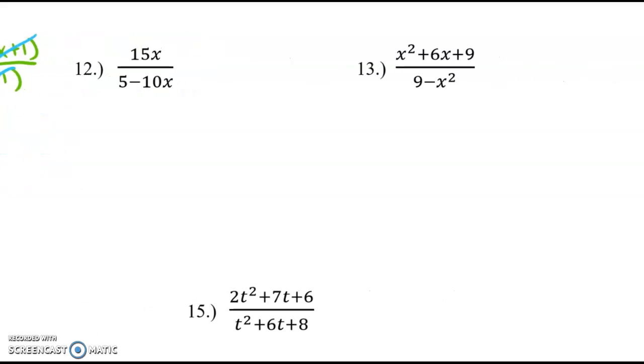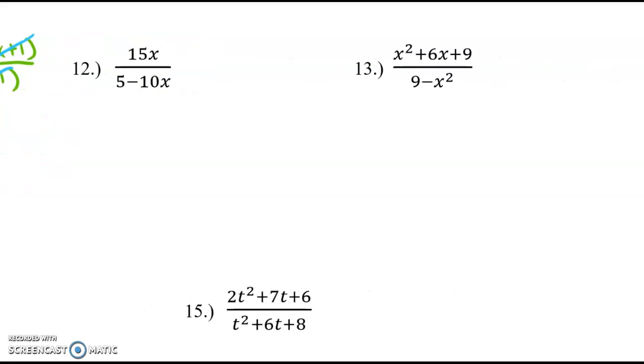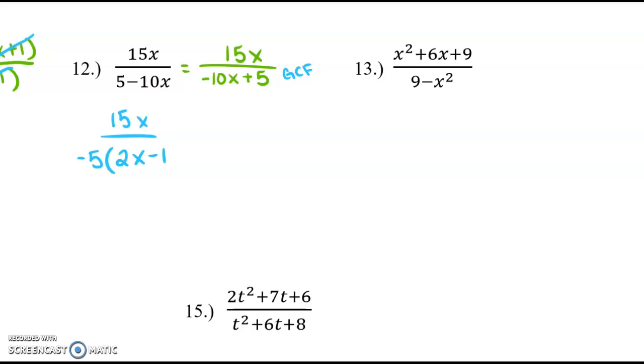Looking at the next one, if I look at the bottom, I'm noticing that it's not in standard form. So I'm going to write it in standard form, which is negative 10x plus 5, and then 15x. Then I'm going to factor out a GCF. Pull out a negative 5, leaves me with 2x minus 1.